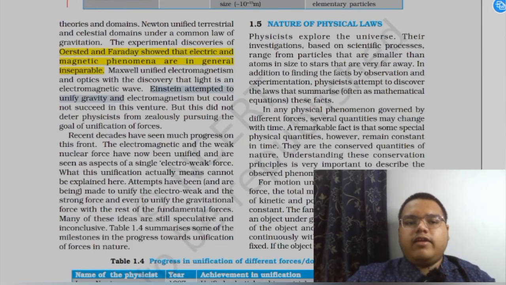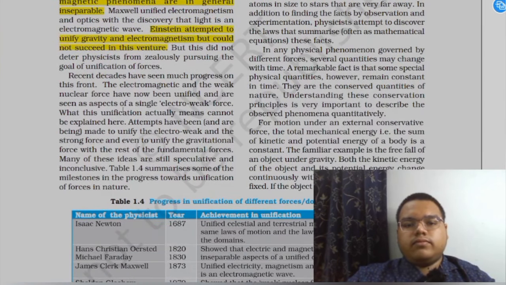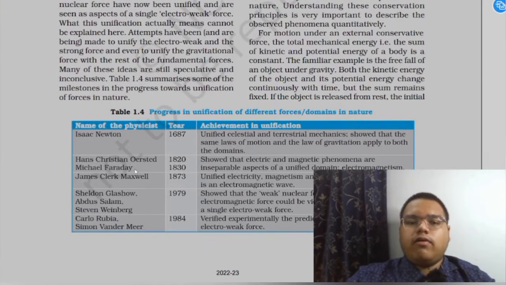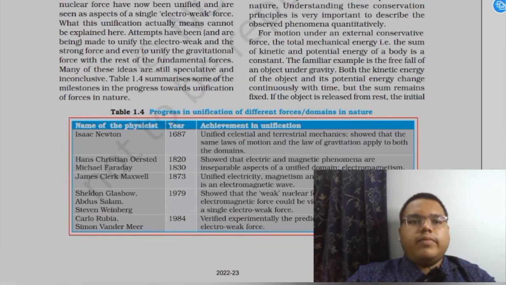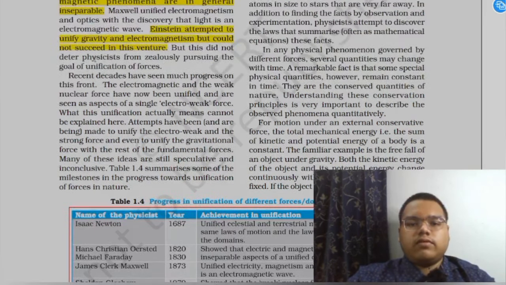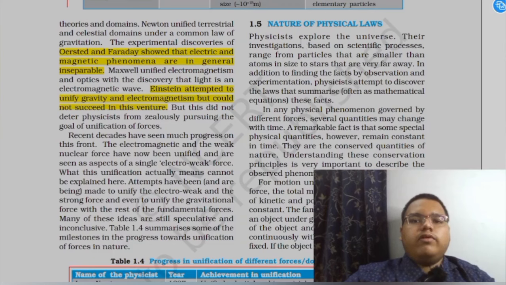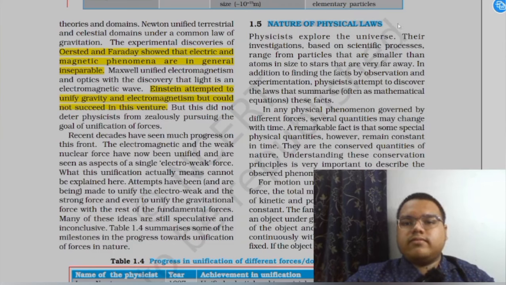Einstein had attempted to unify gravity and electromagnetism, but could not succeed in this venture. Many other scientists had also tried to do the same, but they were unsuccessful, and still no one has been very successful in unifying all the forces of nature. Maybe a few people would unify the forces of nature.